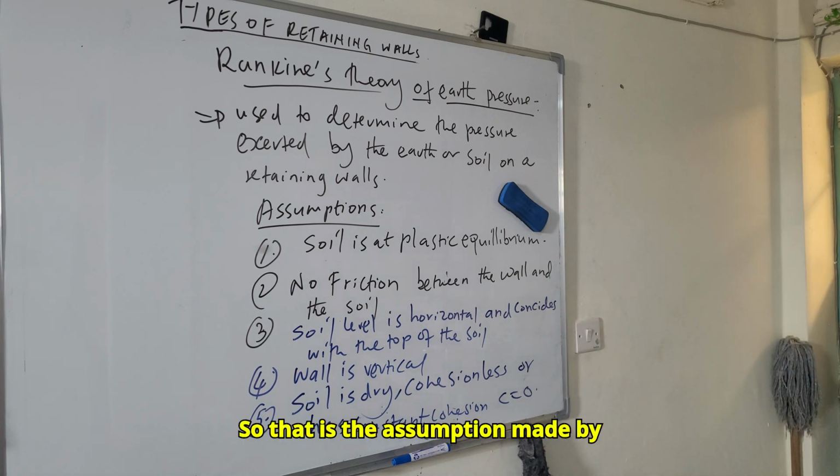So that is the assumption made by Rankine in the process of determining the pressure exerted by the earth or soil on a retaining wall.